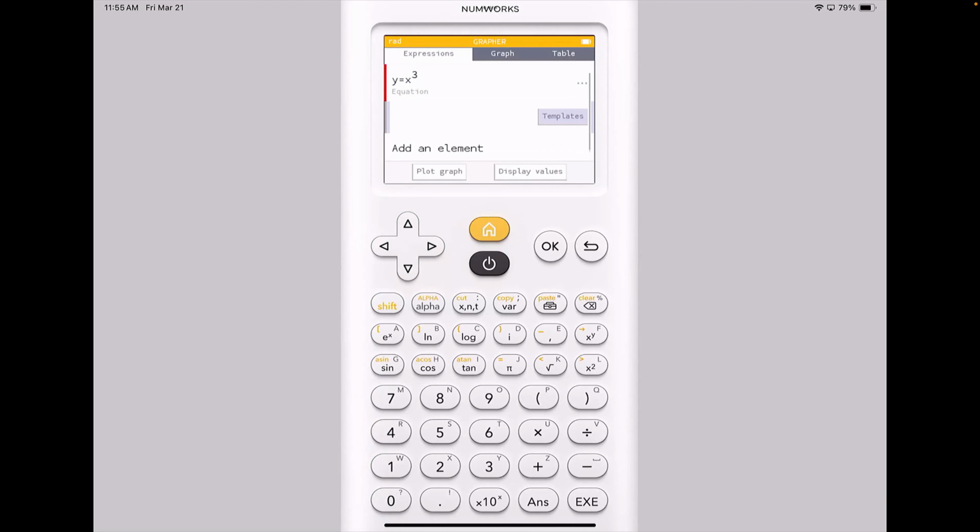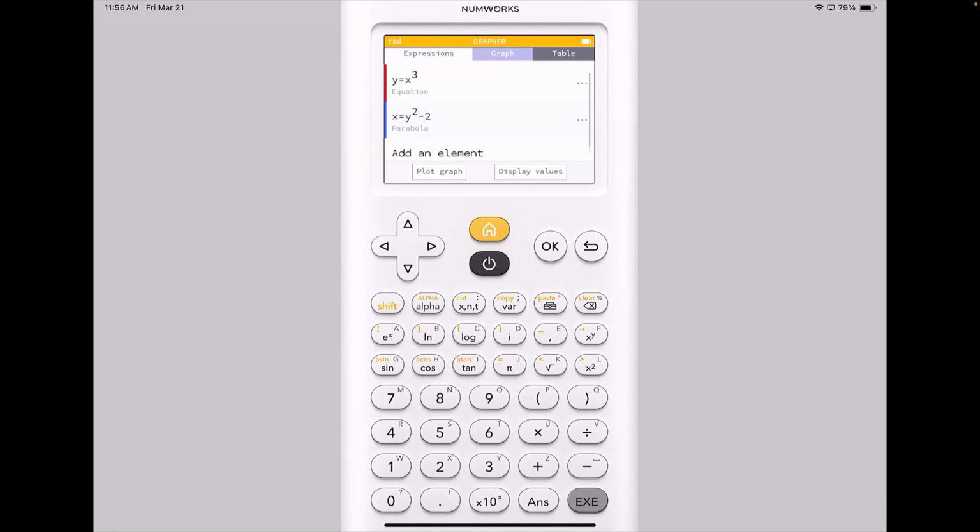I'm going to go over the templates. For y, remember, push alpha 3. Alpha 3 is your y. So y squared minus 2.